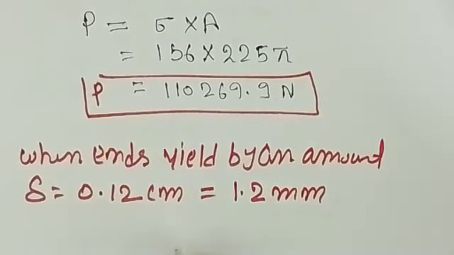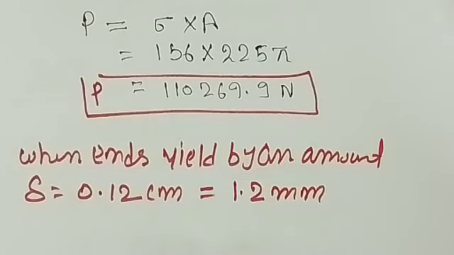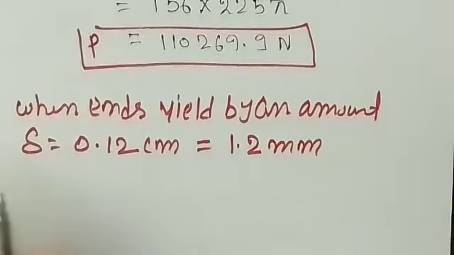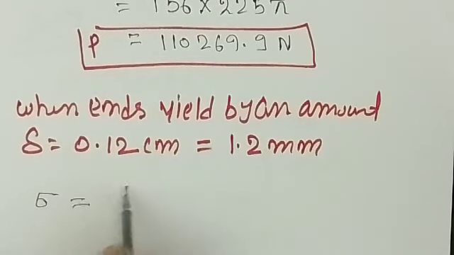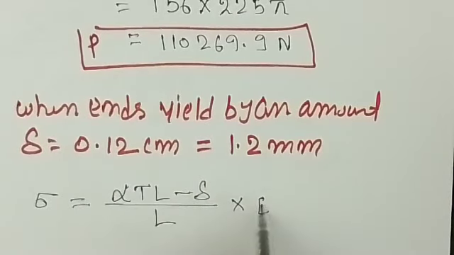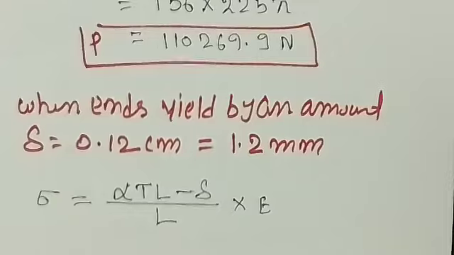In case of yielding, the stress formula is alpha T L minus delta, by L, into E. So the thermal stress sigma is equal to alpha T L minus delta, that is yielding, by L into Young's modulus. This is the formula we just discussed.